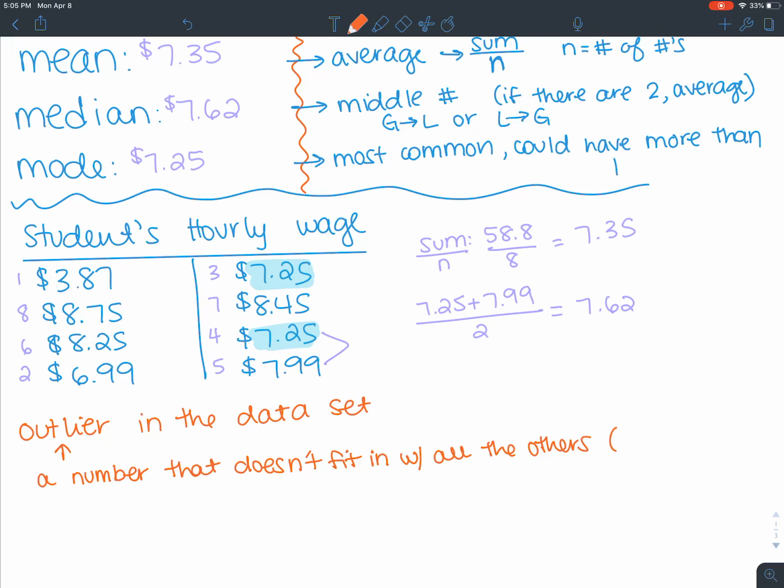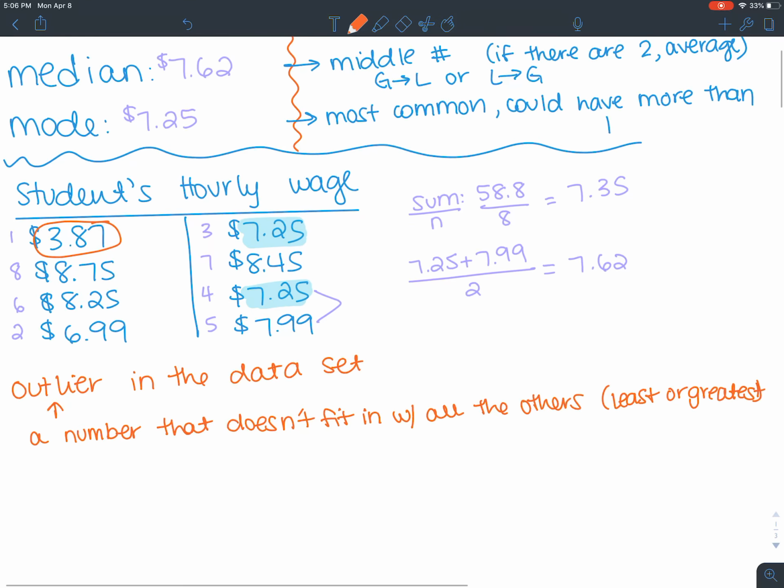It's usually either the least or the greatest. And essentially there's a big jump between it. So our smallest number is $3.87. And to get to our next smallest number, we would actually have to add $2. So that's a pretty big jump compared to the others. So $3.87 is our outlier.